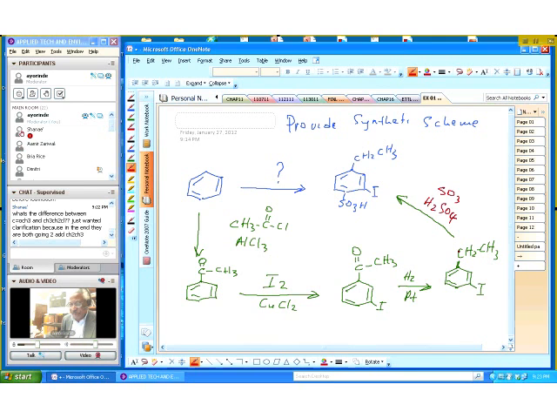Somebody also asked a question: what's the difference between acylation and alkylation? The one with the carbonyl, that is acylation. And the one with the ethyl, that is alkylation.